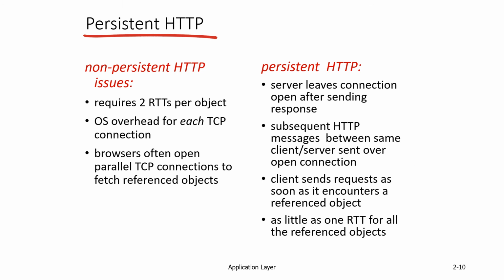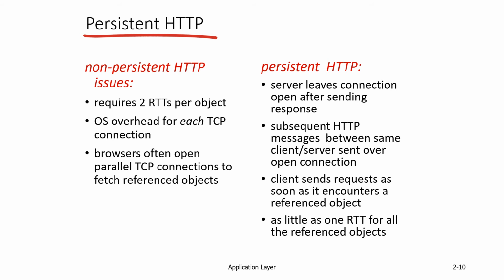In addition to non-persistent, you have the persistent model as well, which uses one single TCP connection. In non-persistent HTTP, the main issue was the latency, that you needed at least two round trip times per object. If you have one single object, then one round trip time is used for the index.html file and one round trip time is used to retrieve the object.